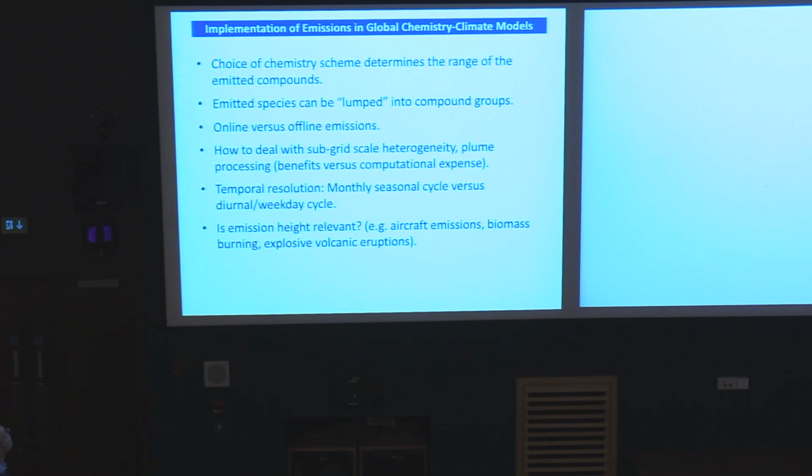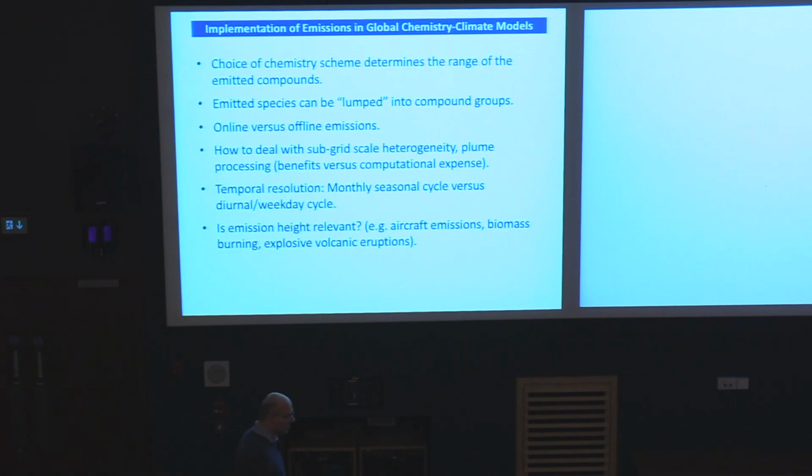The first choice that you need to make is, what chemistry scheme do I use in order to address my research question? Many models, including UKCA, can be used with a range of chemistry schemes, and so this will determine what kind of compounds, chemical reactants you'll need to emit.